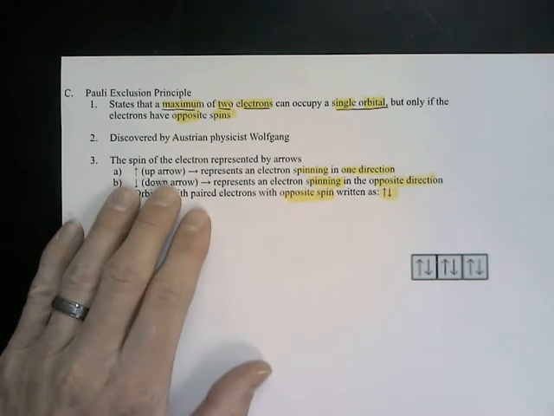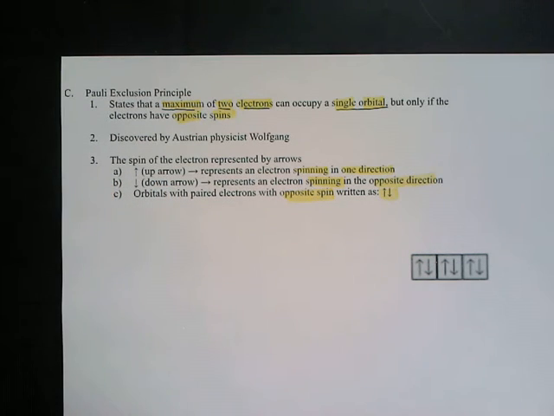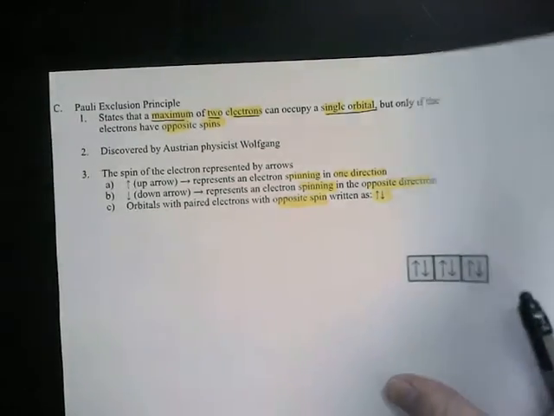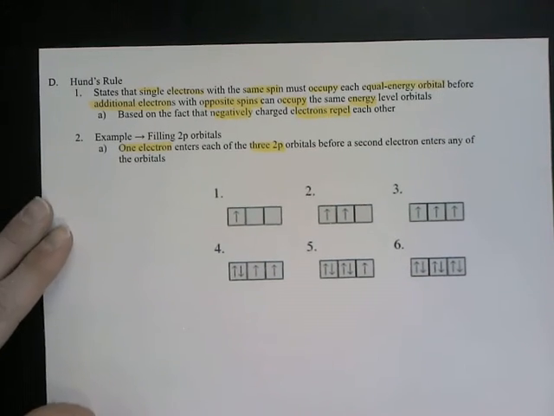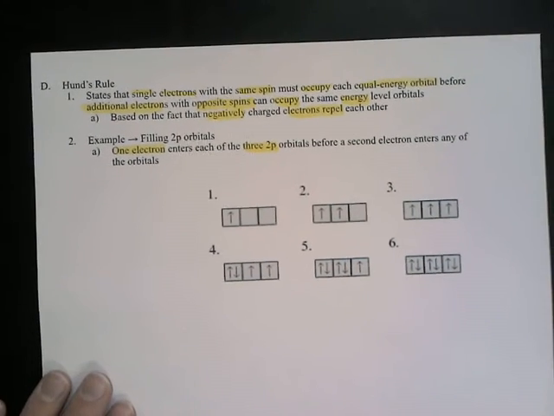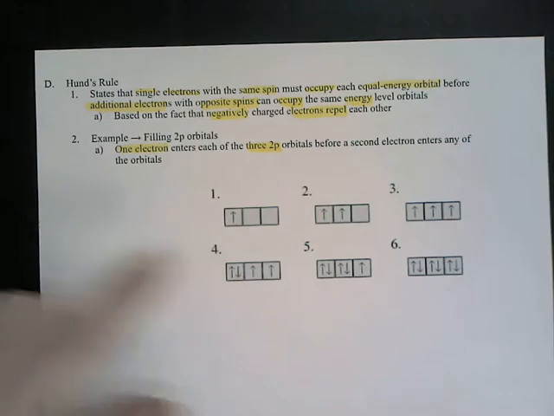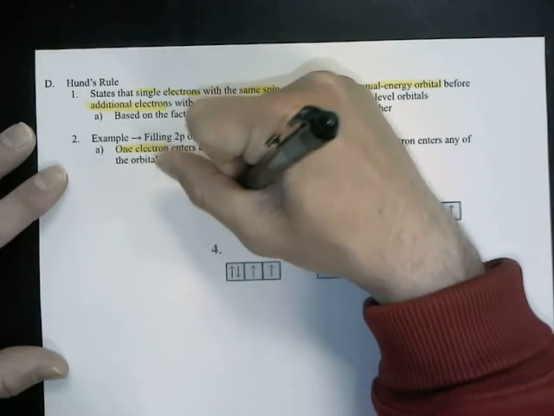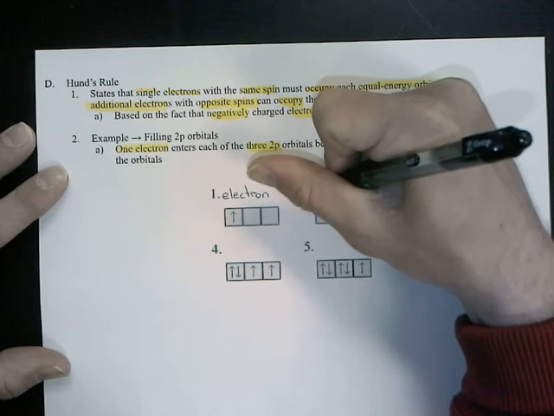Now we'll get into the business here about the up and down arrows with Hund's rule. Okay, so our next rule here is Hund's rule, and it says, hey, electrons with the same spin must occupy each orbital in a sublevel before we add additional electrons. So for example here, this is our 2p level. And each of these boxes represents adding an electron in the 2p level.